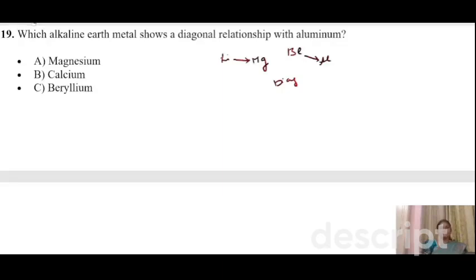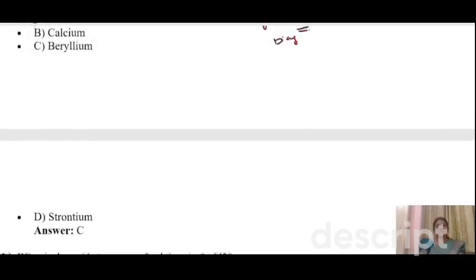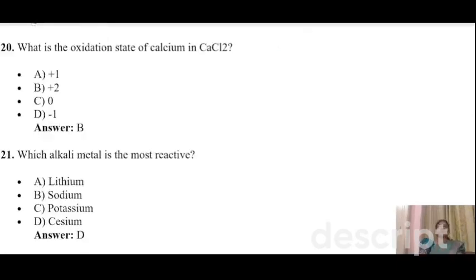Lithium resembles magnesium more than sodium. Likewise, beryllium resembles aluminum more than magnesium. Therefore, C is the answer, which is beryllium.